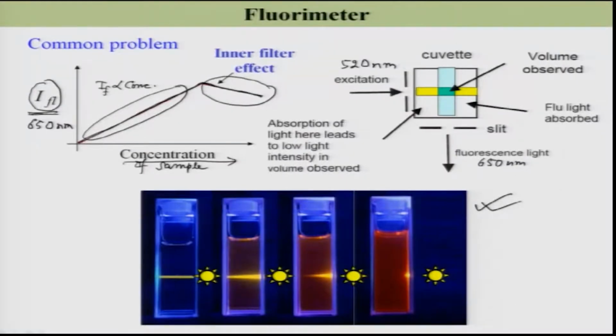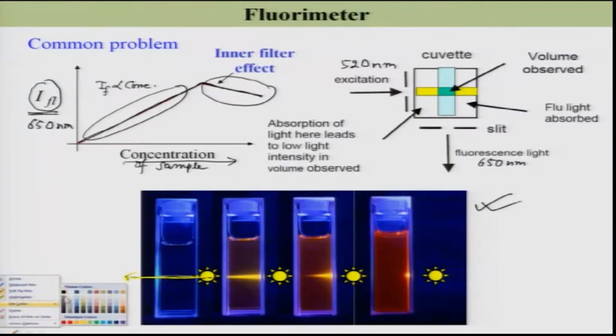When your solution is dilute, this excitation light will completely pass through, right. Let me change the color. This excitation light will completely pass through, like this way, right. And as I said, this is my geometry of excitation.